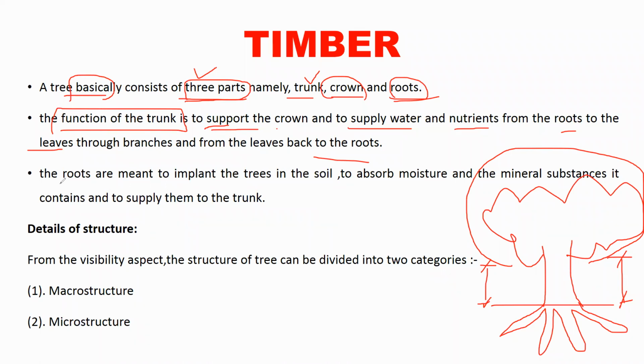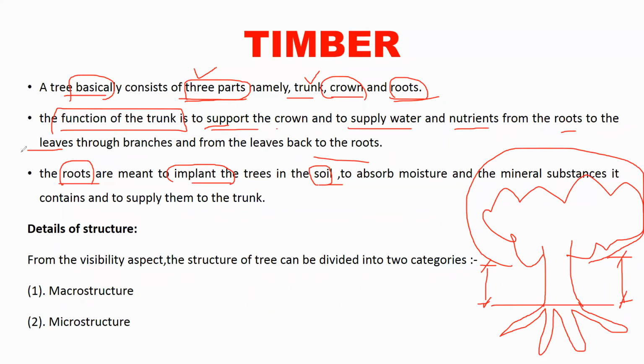The roots are meant to implant the tree in the soil. So what is the function of the root here? The function of the root is to implant the tree in the soil. The roots adhere in the soil to make the tree stand on the ground.